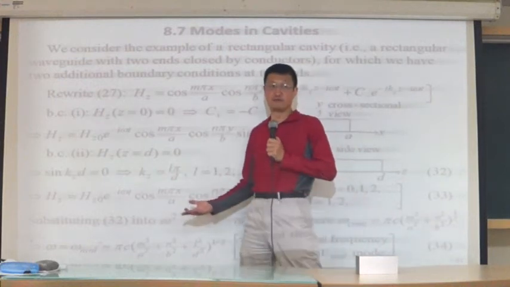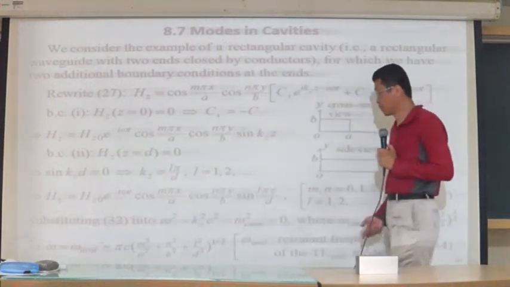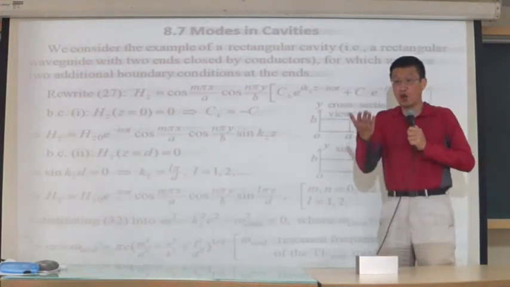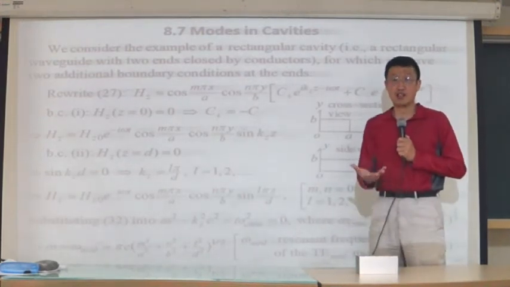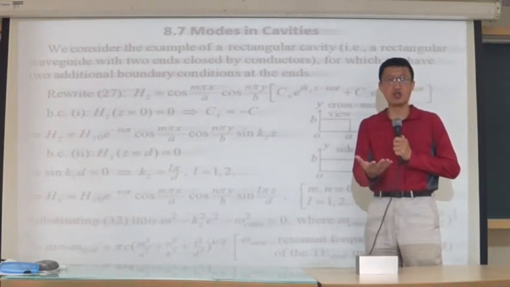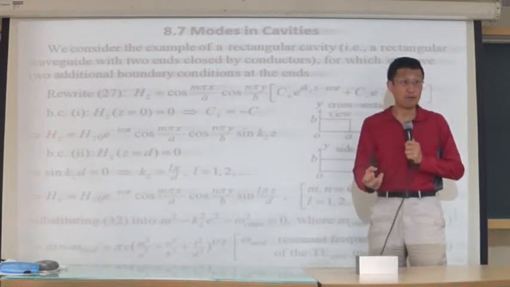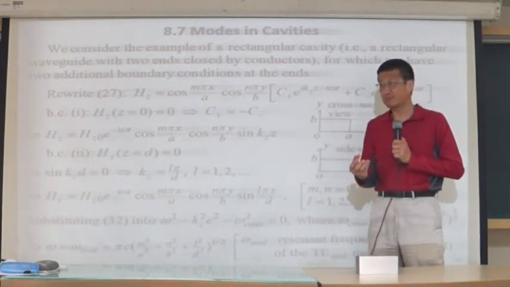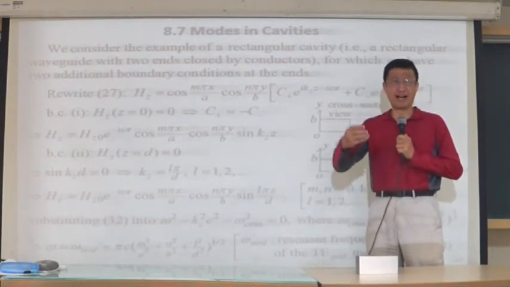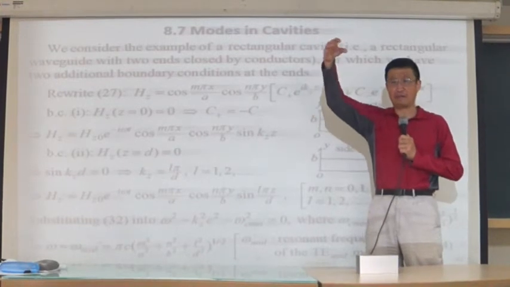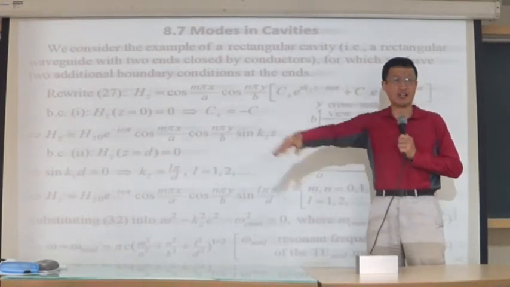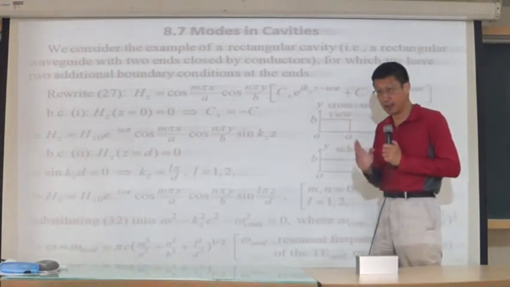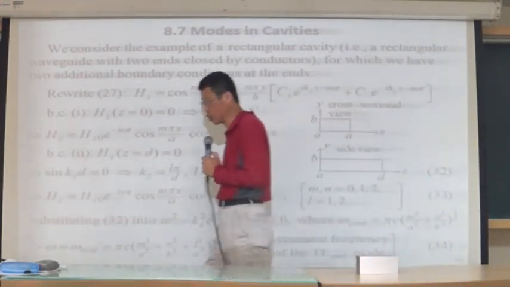But normally we prefer the lowest, because it is much easier to control. If you are unlucky and operate at a higher mode, then probably you have to consider all the possibilities. That's a big challenge.